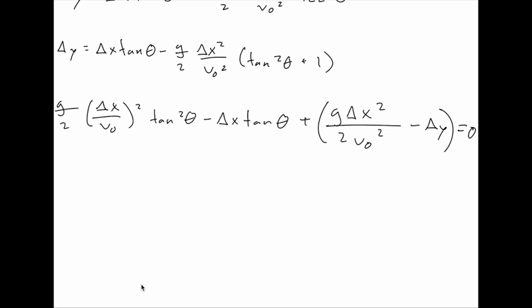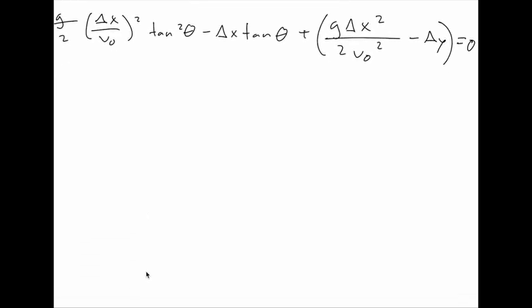And let's say we put in the constants, right? So then V naught equals, what is that? 10 meters per second. Delta x equals 11 meters. And then delta y equals 5 meters, right?